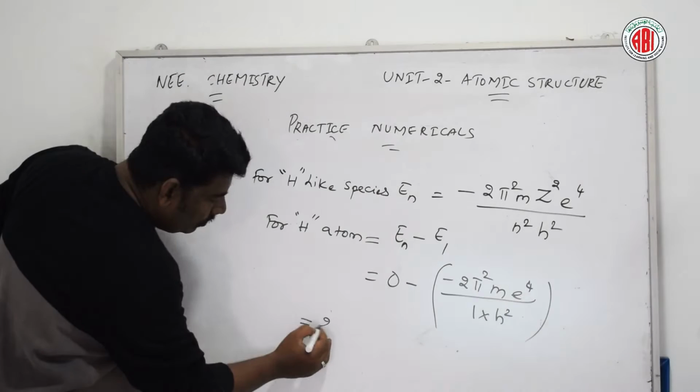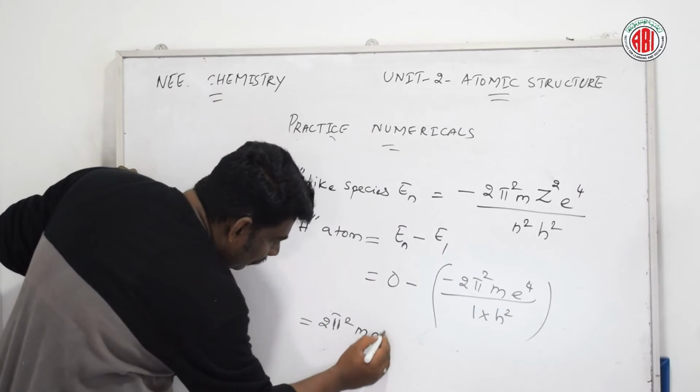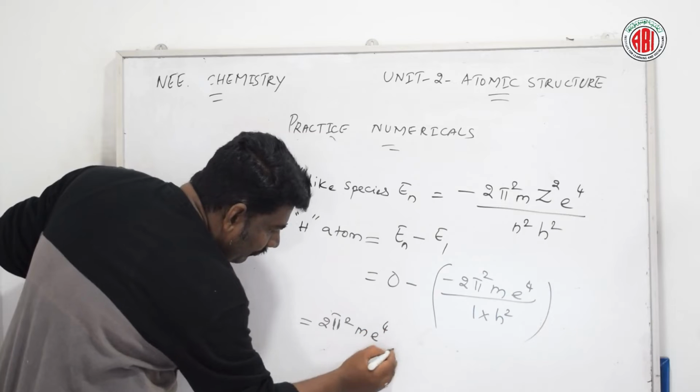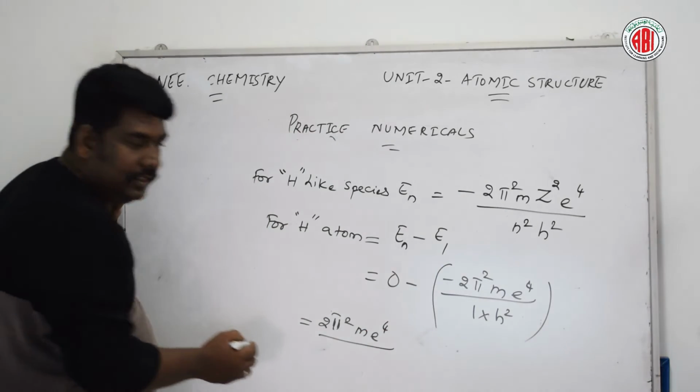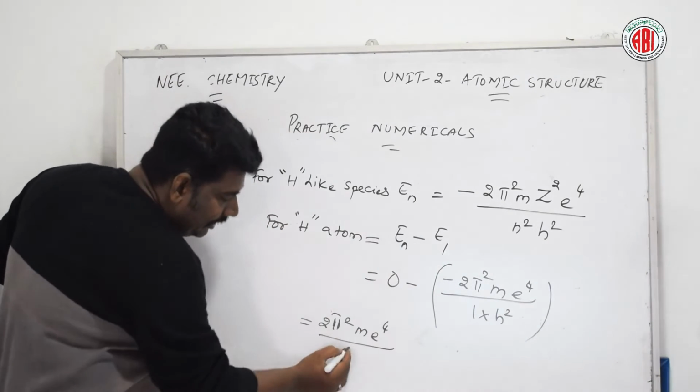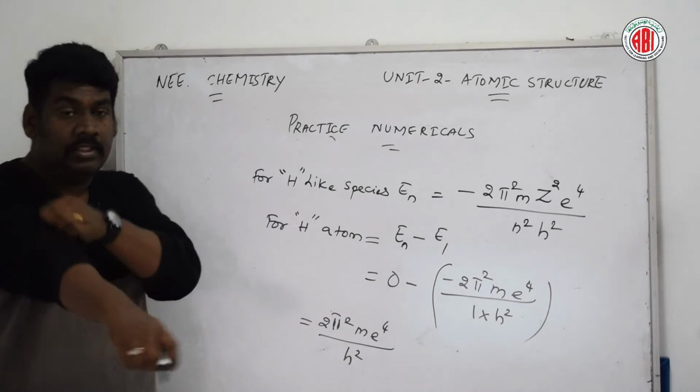Simplifying this, 2 pi square m e to the power of 4 by h square.